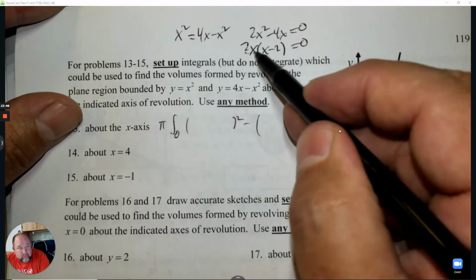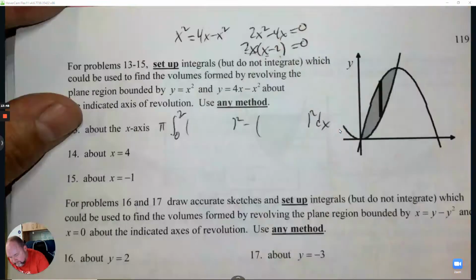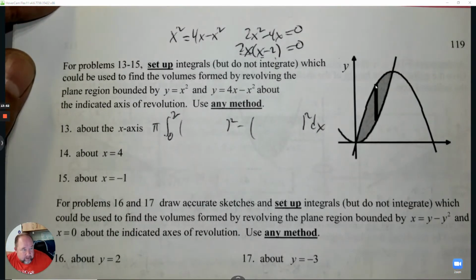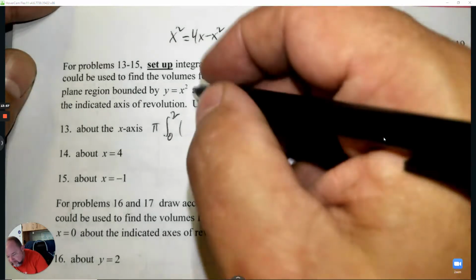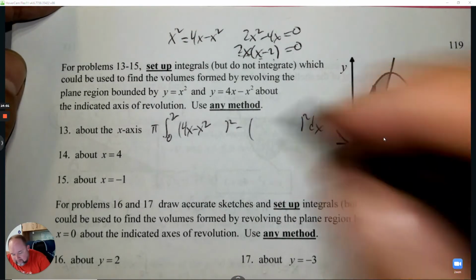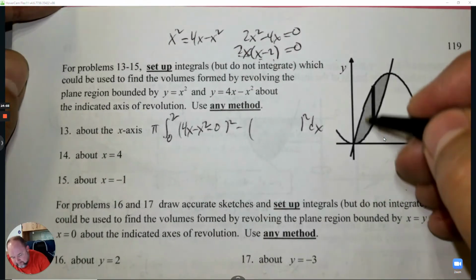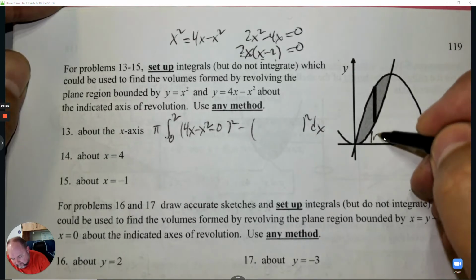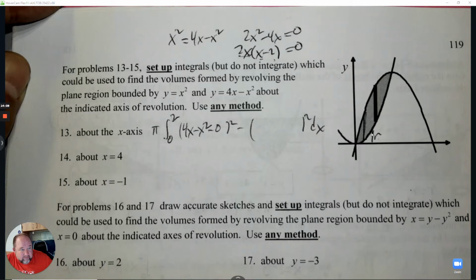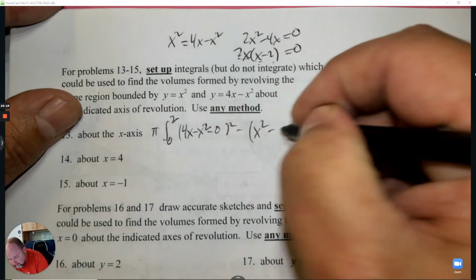And you can see the answers are 0 and 2. All right. So the big radius is the top, subtract the bottom, which is 0. So that's 4x minus x squared, take away 0. I don't need to go take away 0. And then the small radius, that's the small radius. This is the big radius. The small radius is the second curve, x squared, take away 0. Or just x squared.